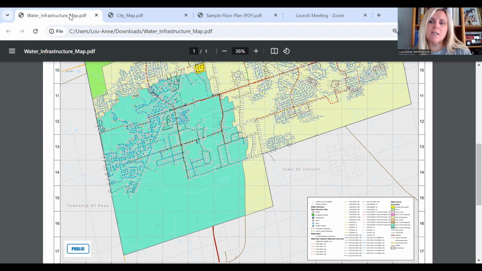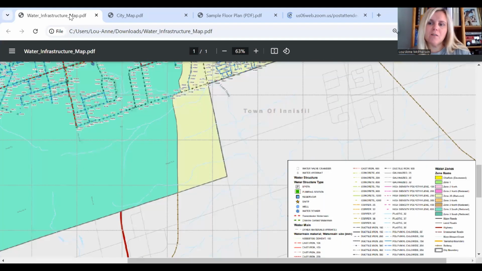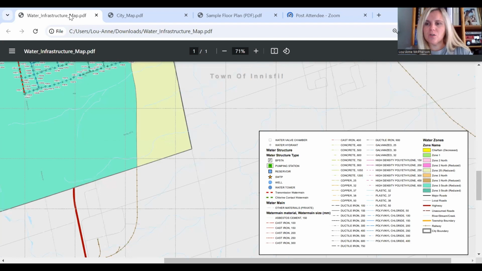So you're going to need to pay close attention, if you can see this here, to the map's legend, because that's going to give you the information you need in terms of what are representative of the hydrants themselves and also the different types of information about the pipes.